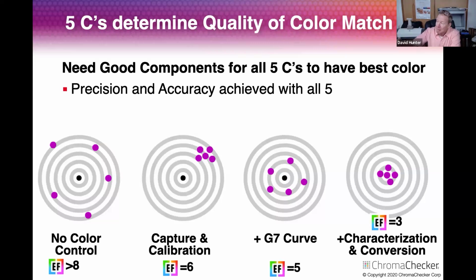And remember, not many companies use ICC profiles for offset presses. We typically use G7 curves for offset presses because trying to control all the variables of an offset press to make a profile last a long time is a challenge. Now, if you do control all these variables in terms of ink, water, nip pressure, nip cylinders, fountain solution values, temperature and humidity, which, by the way, ChromaChecker tracks, you can get an offset press down into the 3 range.